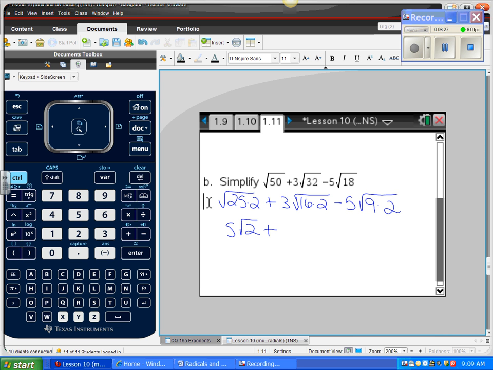What do I do with the 4 and the 3? 12 square root of 2. Minus square root of 9 is 3, and 3 and 5 is 15. 5 times 3 is negative 15 square root of 2. Okay. 5 plus 12 minus 15. 2 radical 2. Excellent job.